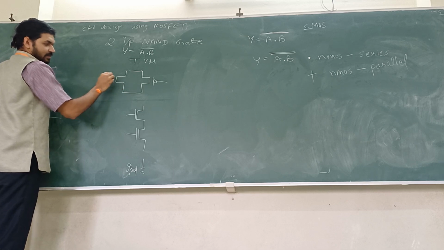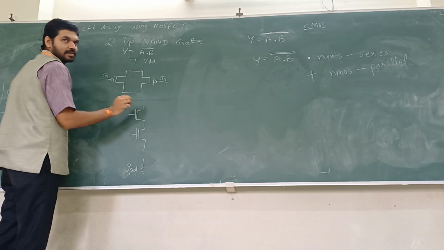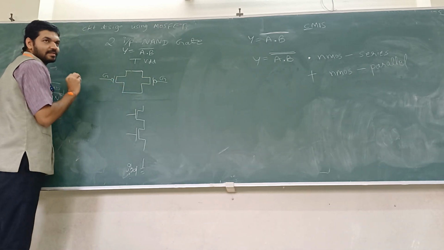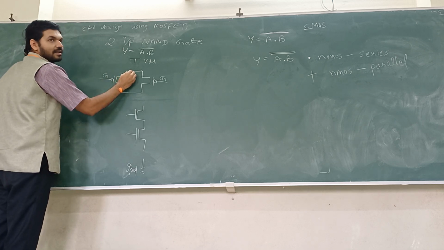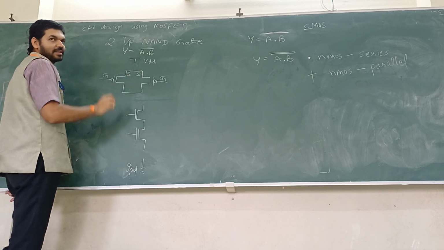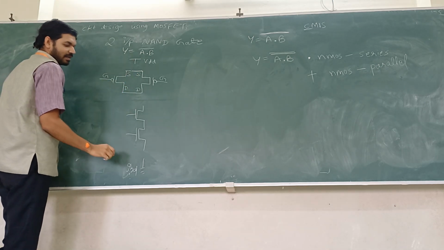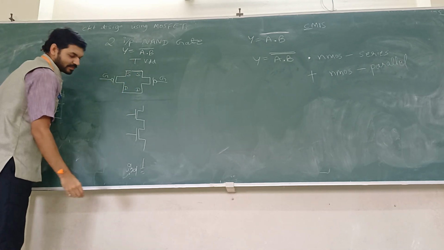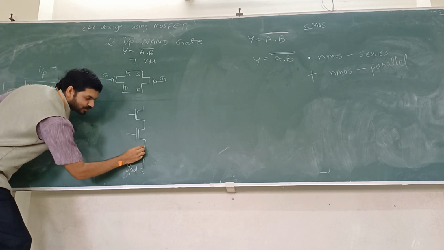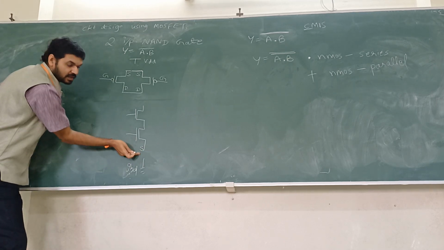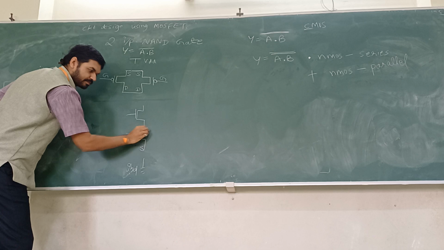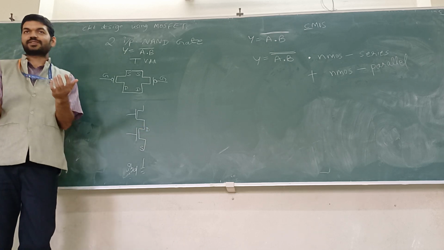This is gate. This is gate. Source of PMOS is at the highest potential. Here, this is source. If this is source, this should be drain, because a MOSFET has two terminals.